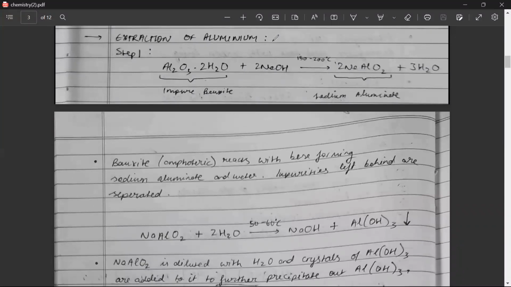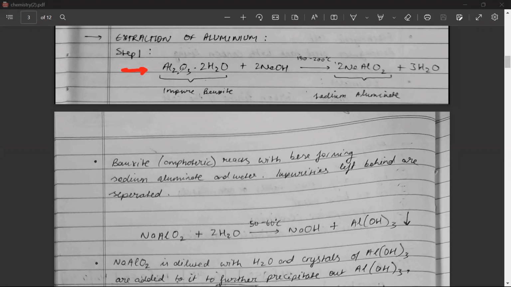Extraction of aluminium. There are two steps to extract aluminium. Now let's look at each one of them. Step 1: it would be helpful if you note this equation down, because they would ask you in the exam, they would label this equation and ask you to complete a part of it or to answer some subparts of this step.